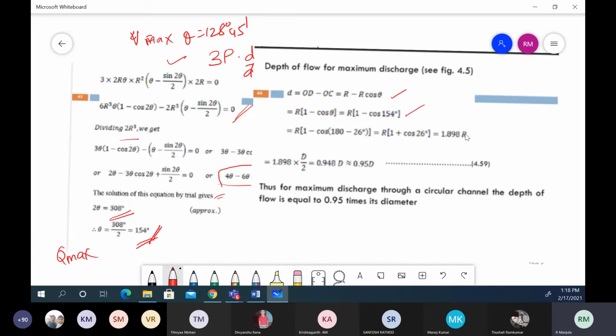Substituting theta, you will get small d is equal to 0.95 times D. Thus for maximum discharge in the circular channel, the depth of flow is almost equal to 0.95 times the diameter. Earlier, when the velocity is maximum, it is 0.81 D; when the discharge is maximum, it is 0.95 times D.